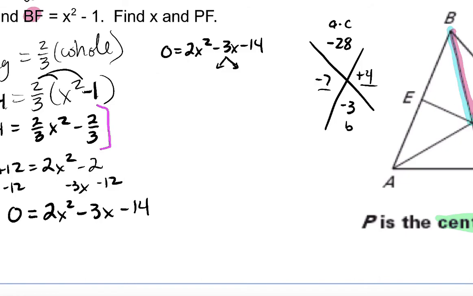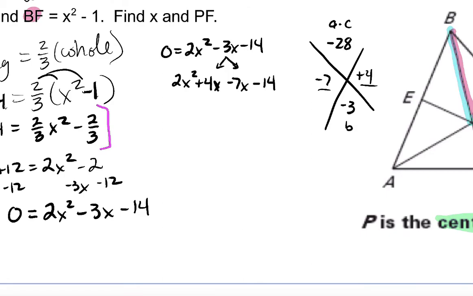You want to put the one that goes with the term that's over beside it, like 2x squared would be kind of bad to put that -7 with it. It's better to put the +4. So you're going to put your 4x there. You're going to put your -7x here.